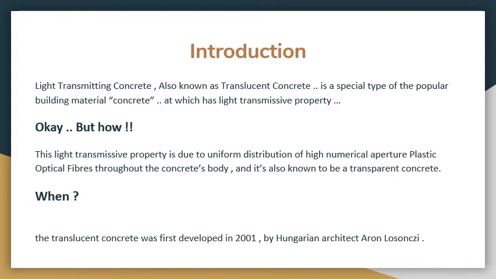This light transmissive property is due to uniform distribution of high numerical aperture plastic optical fibers throughout the concrete's body, and it's also known as transparent concrete. The translucent concrete was first developed in 2001 by a Hungarian architect named Aron Losonczi.